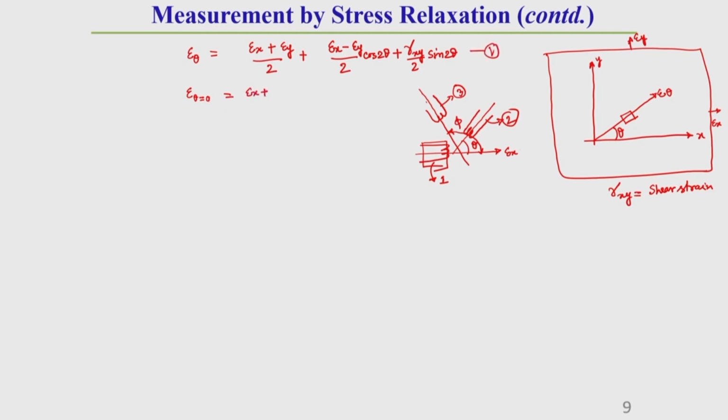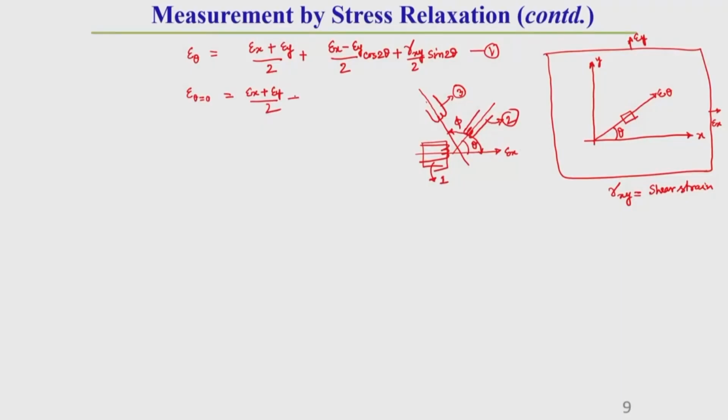This equation 1 is very well known to you, you can derive it, it is very simple, so I am not going into details here. Epsilon x minus epsilon y by 2 cos 2 theta, as theta is 0, cos 0 is 1, so this comes out as epsilon x. So strain gauge 1 will give you epsilon x.